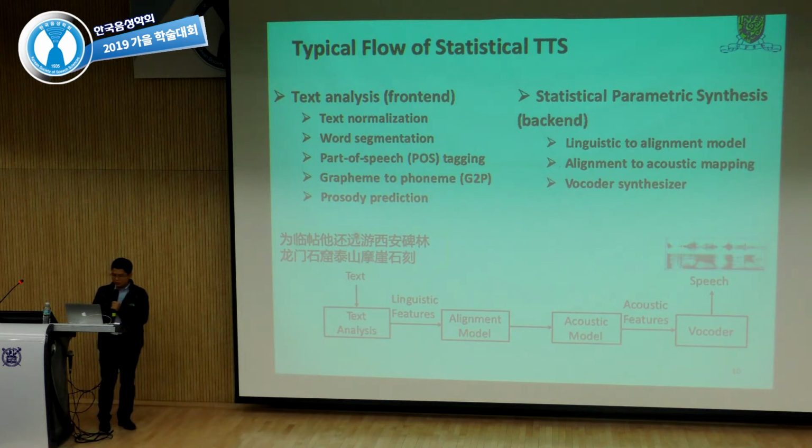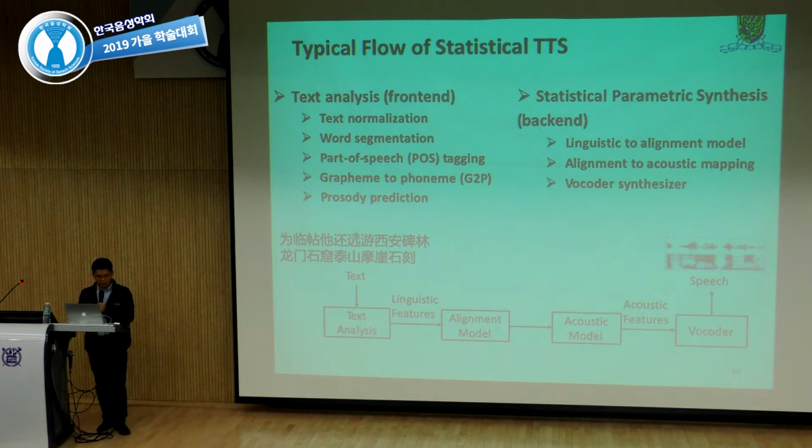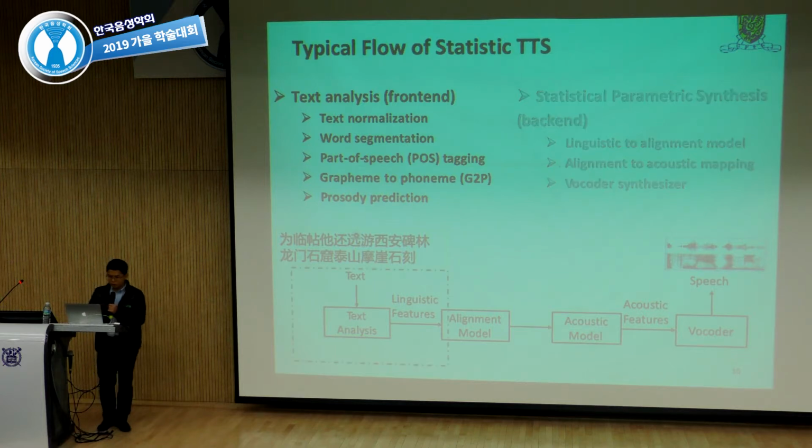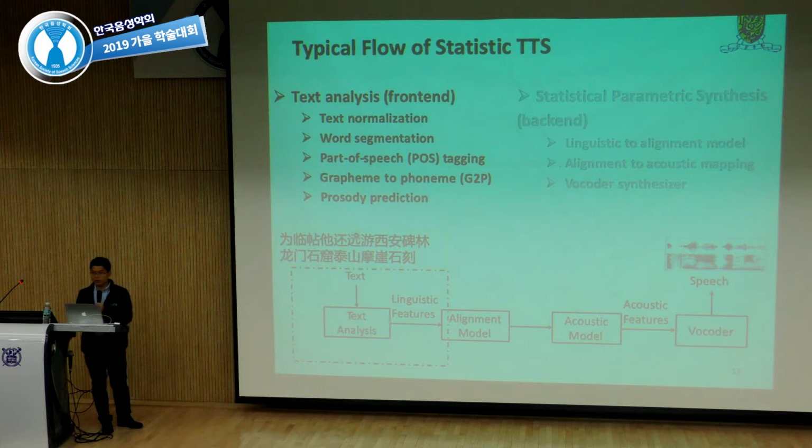The first part is the text analysis, which is also called the front end, and the other part is the back end, that is the statistical parametric synthesis, which tries to synthesize the parametric acoustic features into speech waveform. So let's look at the front end first. In this part, remember we try to convert the raw text sequence into a representation that is ready for our next step of synthesizing the speech.